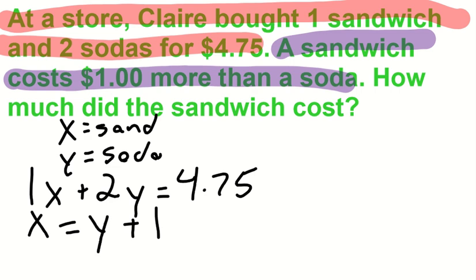So we got X equals Y plus 1. Everybody follow? You're trying to make that way more complicated than it is. So go ahead, put those two equations into Desmos. We got 1x plus 2y equals 475. We got x equals y plus 1.